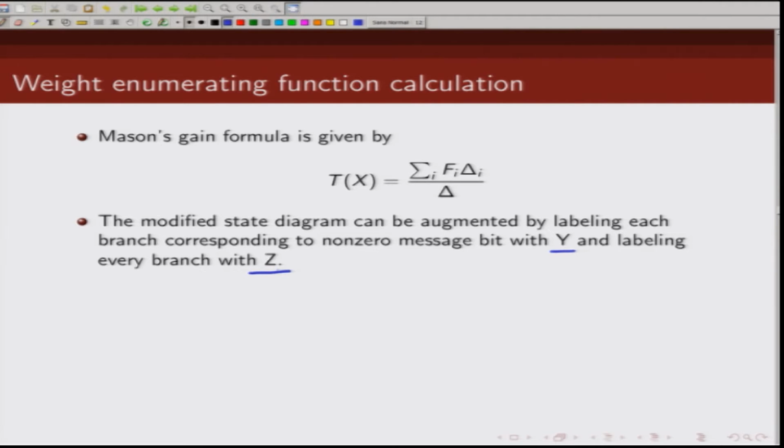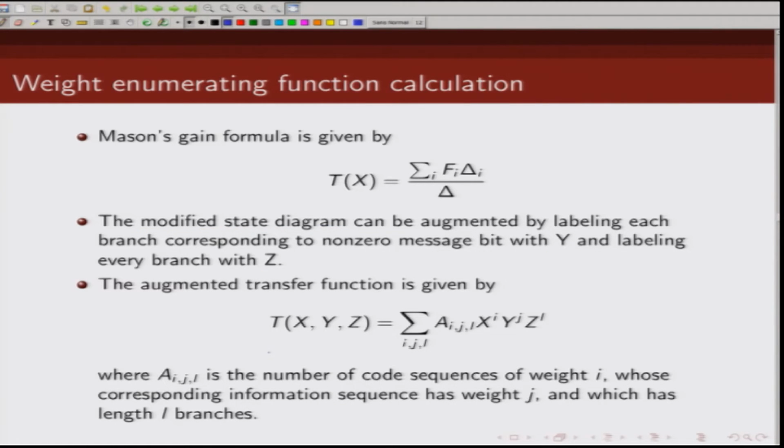So, we can augment our state diagram, what I call a modified state diagram, by adding 2 additional pieces of information. One is the weight of the message bit, which will be denoted by the power of y, and the other is the branch, which will be denoted by z.